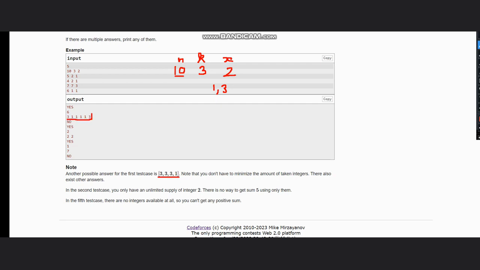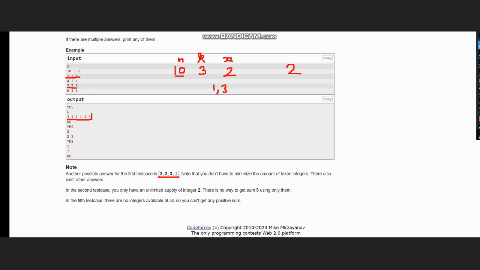So there are many possibilities. If we take the second test case, 5 2 1, if we remove 1, we are only left with 2 in this case, and as 2 is an even number, we cannot make 5 with it. After this, let's take an easy example which is 7 7 3.